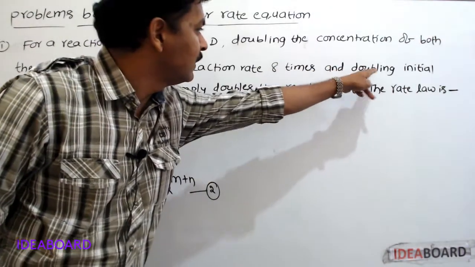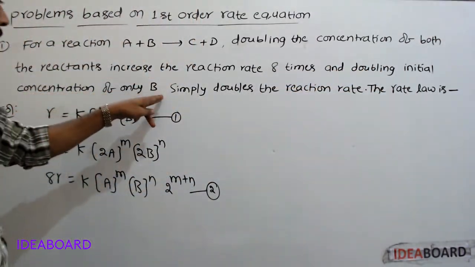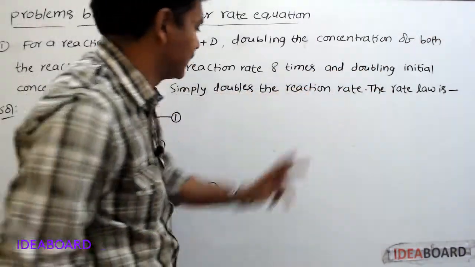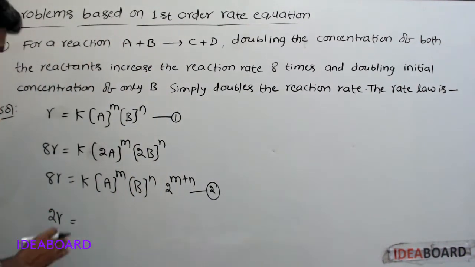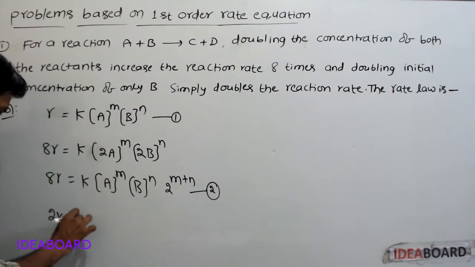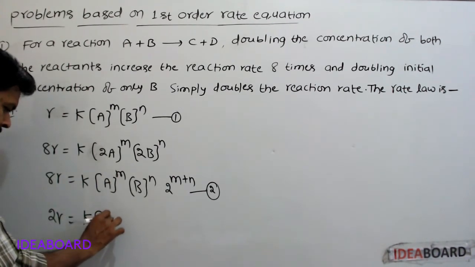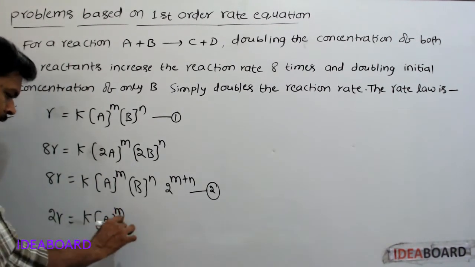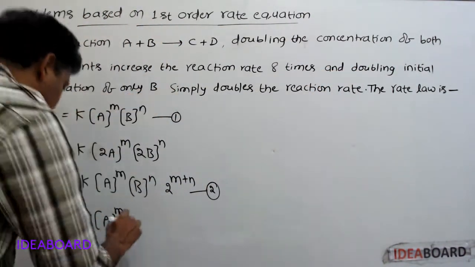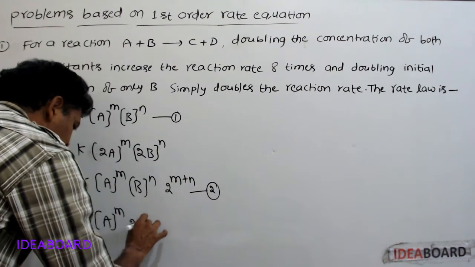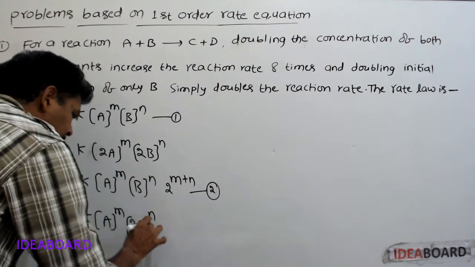Next, doubling the initial concentration of only B simply doubles the reaction rate. 2R is equal to K into A concentration power m into doubled B, 2B power n.